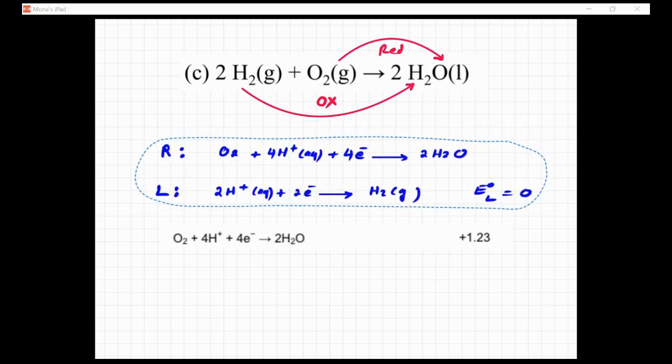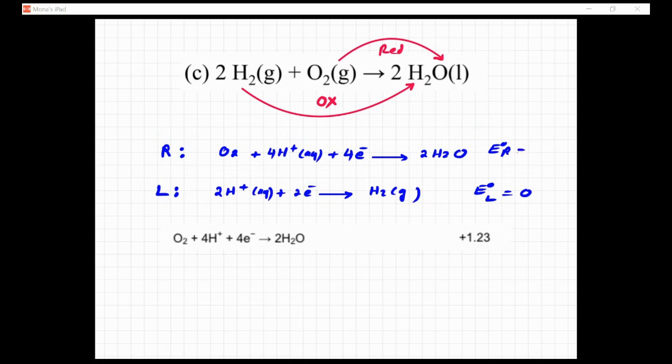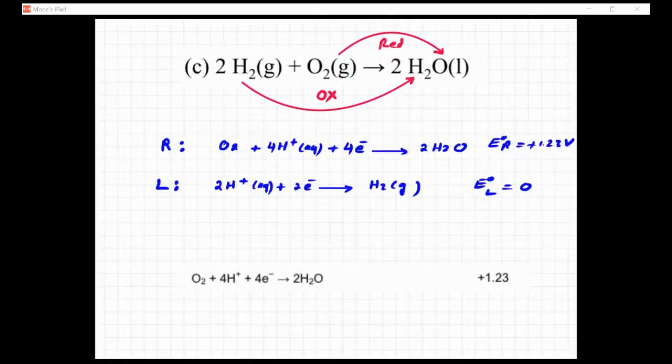Then it is not possible to leave the reaction as is. So I will have to multiply the first reaction by 2. So this should be 4 and 4, and this should be 2, so we have 4H+, 4 electrons, and 2H2 gas.